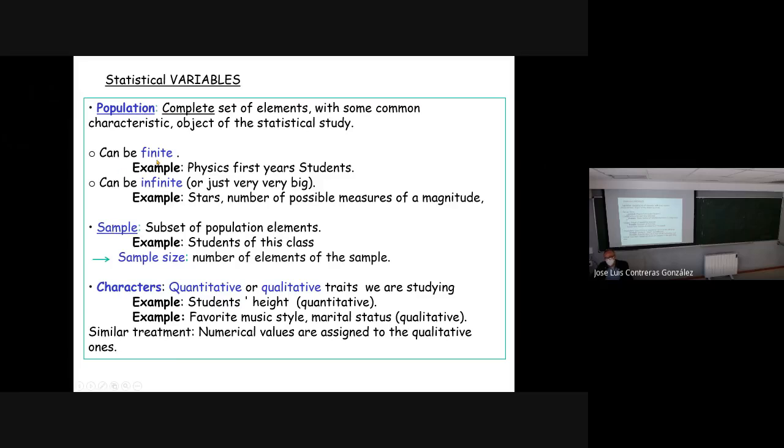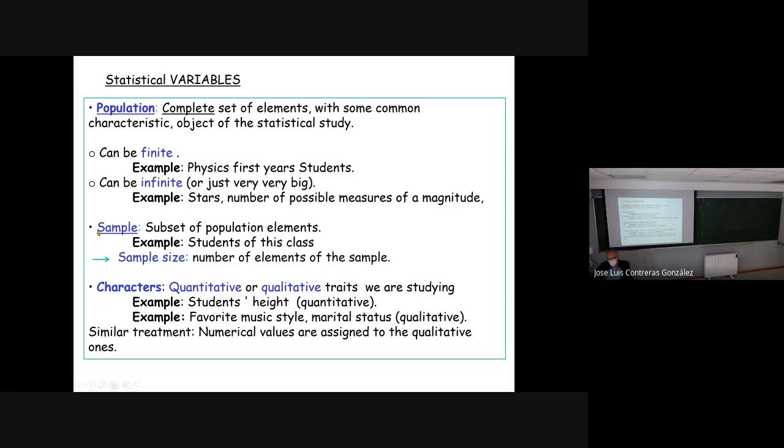This population can be finite, for example, the population of Spain, or can be infinite or very big, like the number of stars, or the number of outcomes from an experiment, which will be the thing that will interest us most. But we cannot measure all these 40 million, we cannot ask all these 40 million persons.